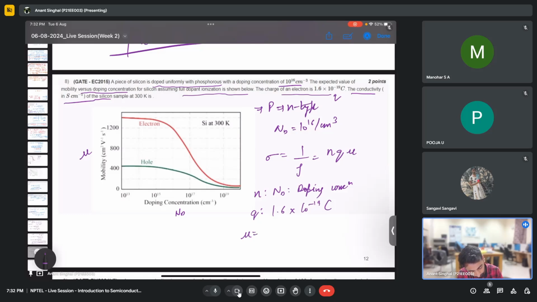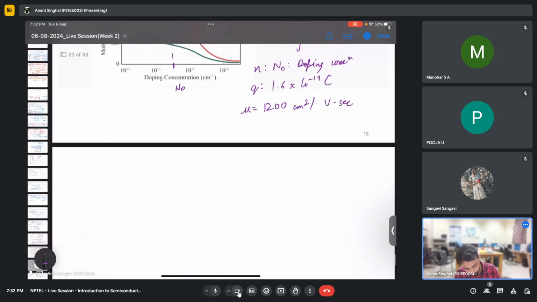We need to find it at 10 raised to power 16. You can see in the plot that at 10 raised to power 16, the corresponding mobility for the electron is 1200. So you will use the mobility as 1200 centimeter square per volt second and solve the same.